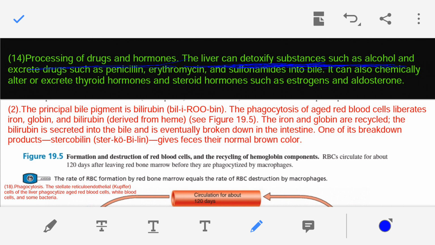That means alcohol is a toxic substance for our liver. And which topic are we discussing? We are discussing the functions of liver. And consuming alcohol means consuming toxic substance in our body, and this alcohol is harmful to our liver.